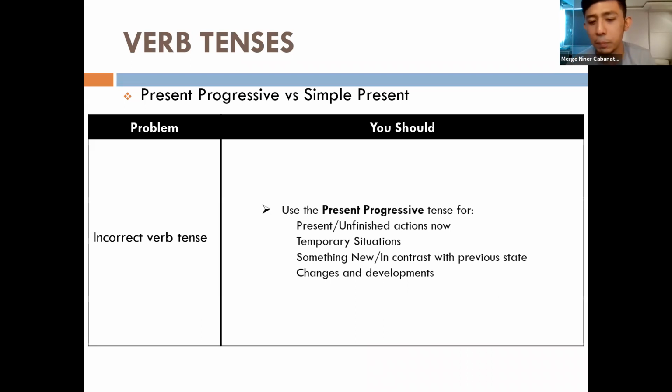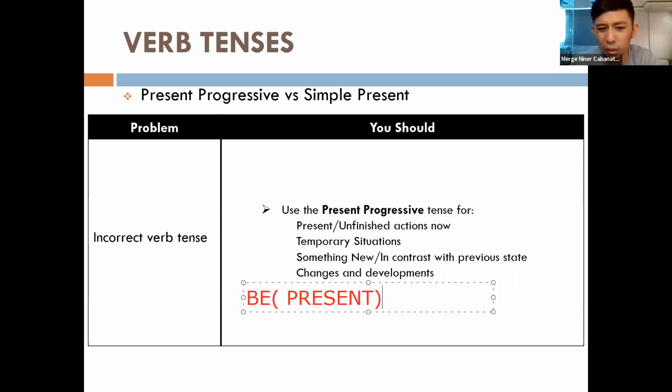So kailan naman po si present progressive? So si present progressive, shout out ito, call out sa ating magiging replay lecture tomorrow, grammar 3 tenses. Okay, so i-explain ko rin po yan. But just to give you a clear insight of how we do the present progressive, it is the be verb in its present form.